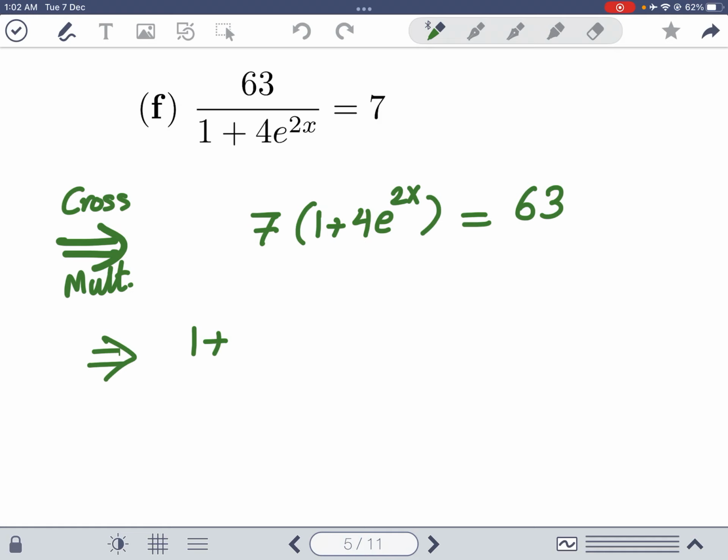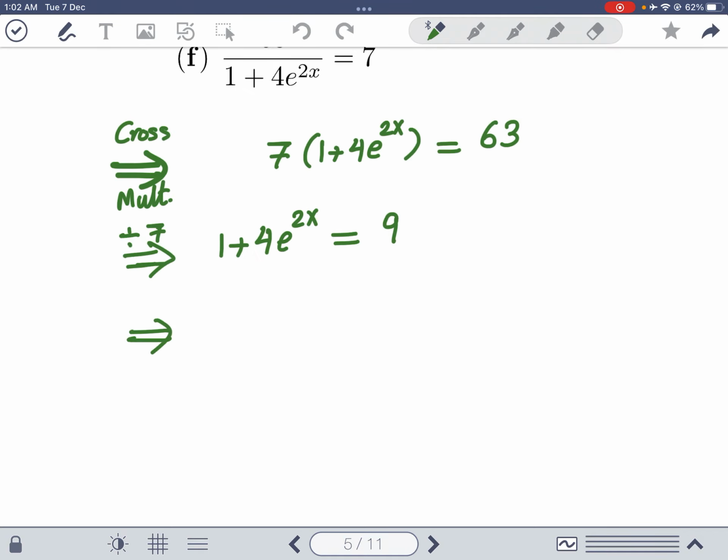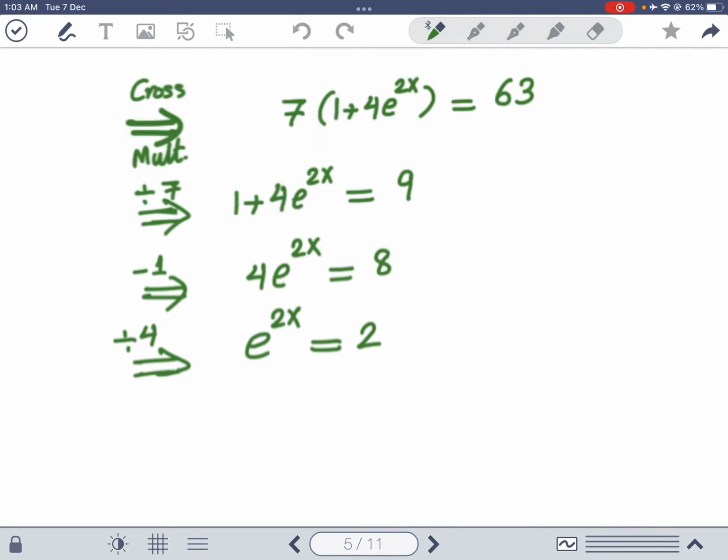So 1 plus 4e to the 2x, if we divide by 7, 63 over 7 is 9. Okay, and continue. Subtract 1 from both sides. You get 4e to the 2x equals 9 minus 1 is 8. Divide by 4 both sides. So e to the 2x is 8 over 4 is 2.